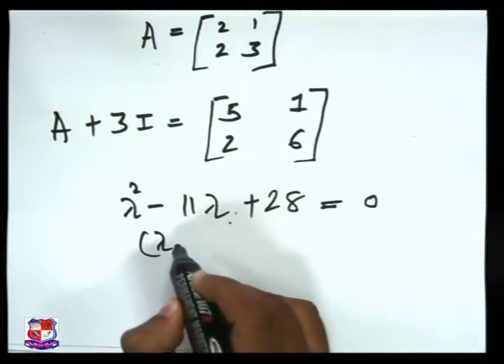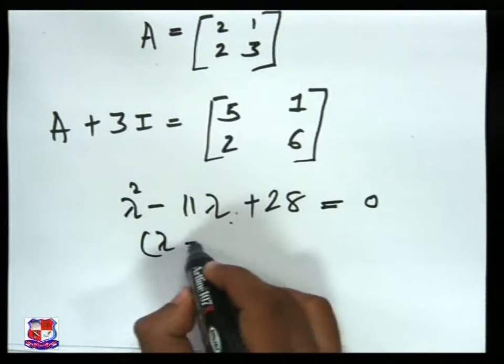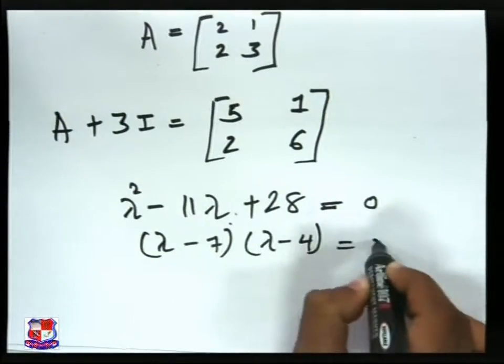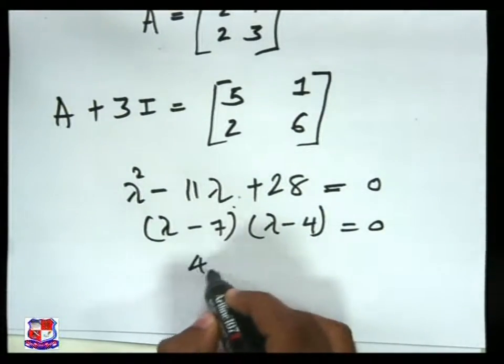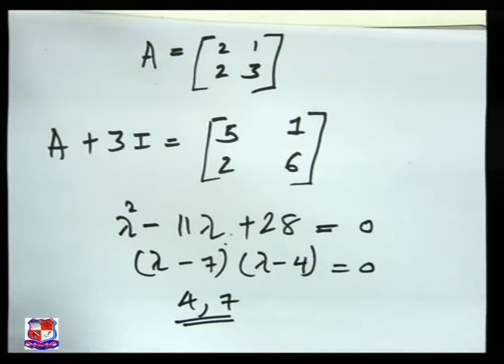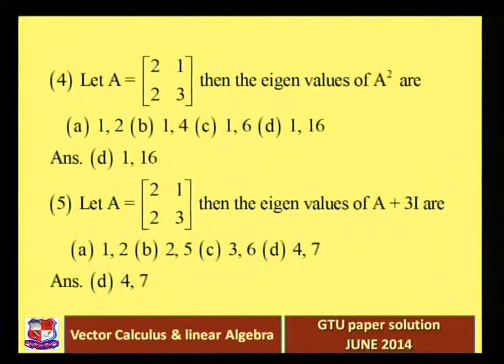So when you factorize, this is 7 into 4, so lambda minus 7, lambda minus 4, equal to 0. So 4 and 7, these two are eigenvalues, correct? So the correct answer is 4 and 7.